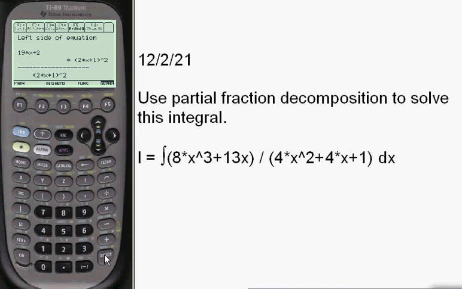Here's the right side of the equation. A over 2x plus 1, and b over the factored denominator, times the factored denominator. And then when we do the common denominator and simplify, it reduces to 19 times x plus 2 equals a(2x plus 1) plus b.